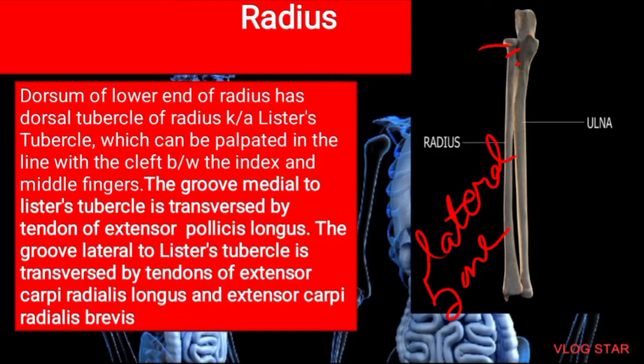Okay, so here we can write this. Let me write, you can make your notes. Write points. First point: radius is a lateral bone of the forearm.